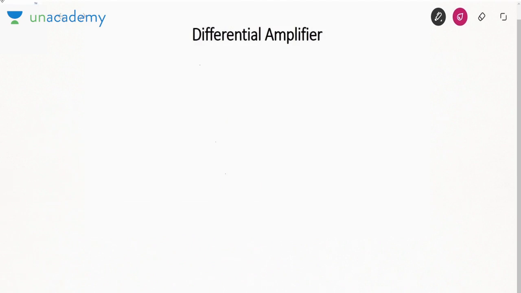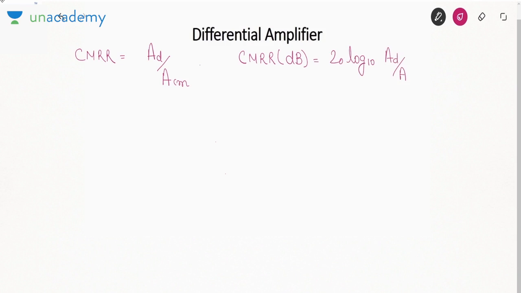Then what we say is CMRR is nothing but the ratio of differential gain to the common mode gain. Similarly, CMRR in dB is 20 log on a base of 10 AD over ACM. Okay, so that is the value of your CMRR in dB.